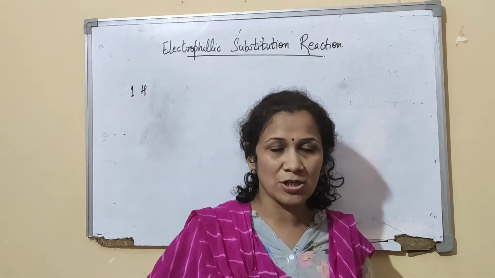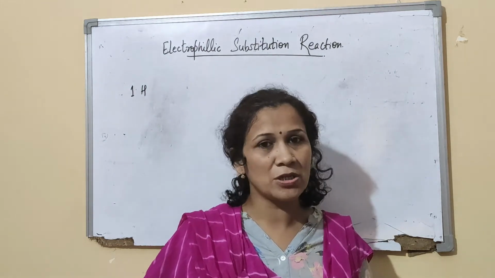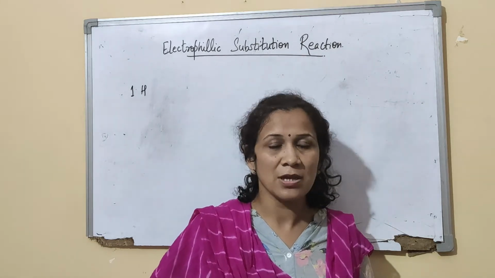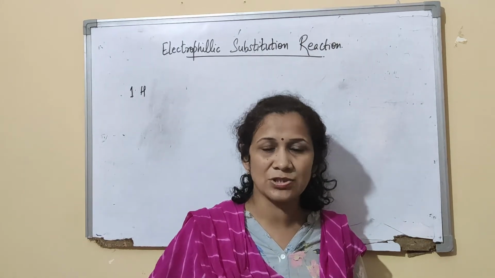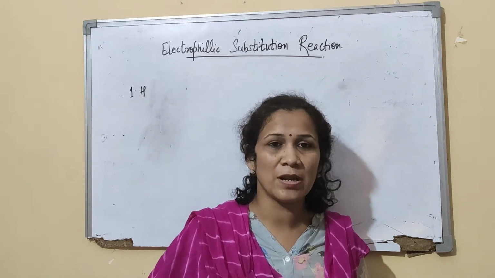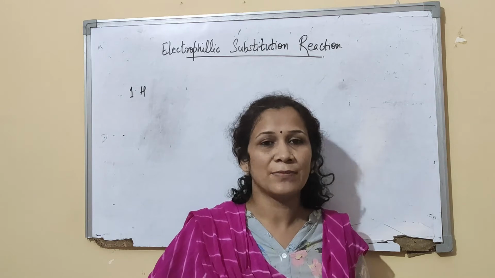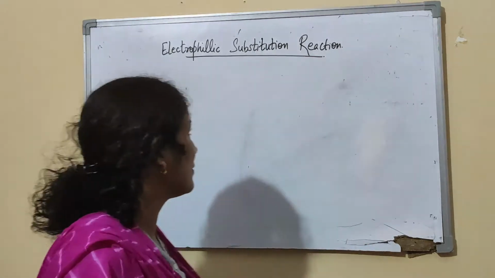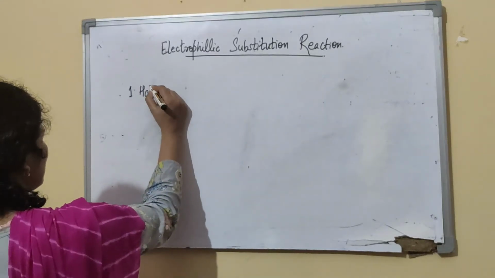Second will be nitration, then you have sulfonation, then Friedel-Crafts alkylation and Friedel-Crafts acylation. So these are the 5 reactions that we will always study when we are going to study electrophilic substitution reactions. That means what? Addition of an electrophile. So coming to halogenation reaction.